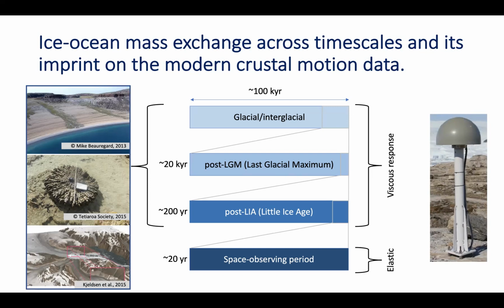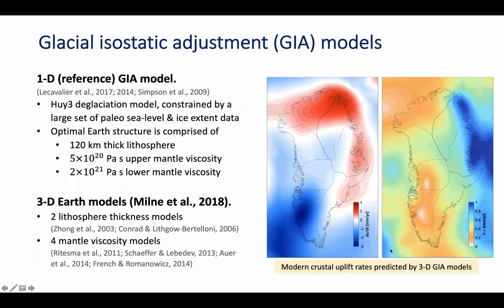But the signals should also comprise the ongoing viscous response of the solid Earth to the past ice ocean mass exchange. In the previous slide, all we did was look at the role of the elastic Earth deformation in the observation. So now the viscous response is typically modeled or captured using the so-called glacial isostatic adjustment models.